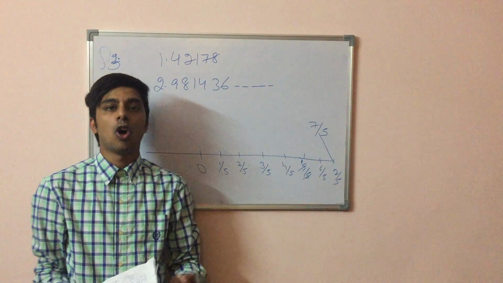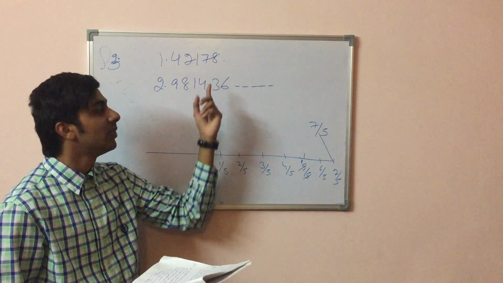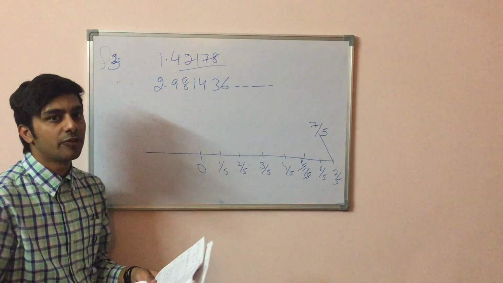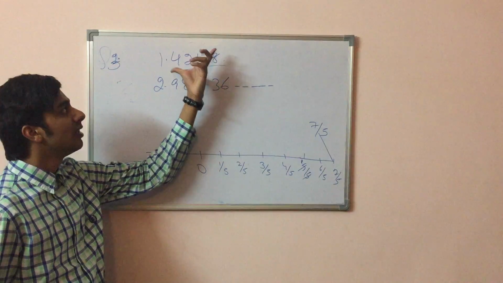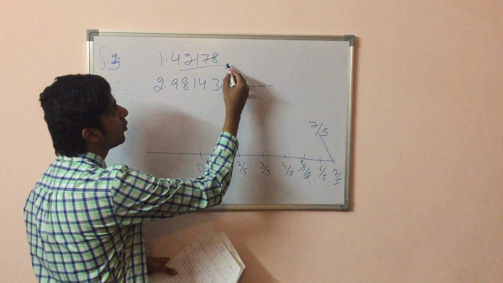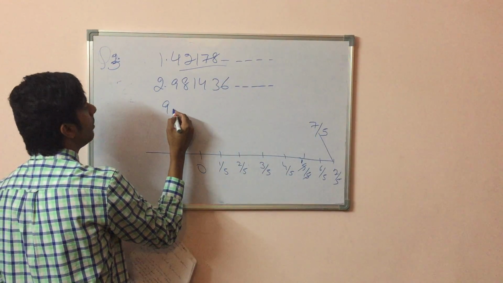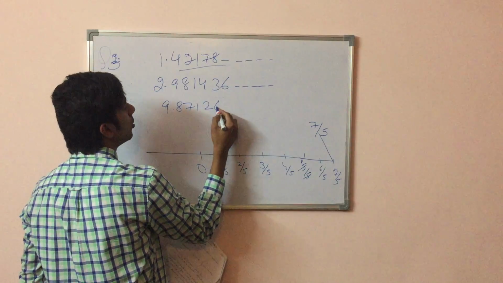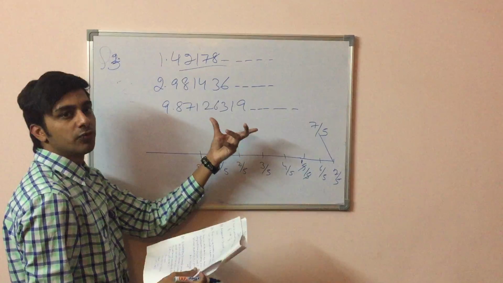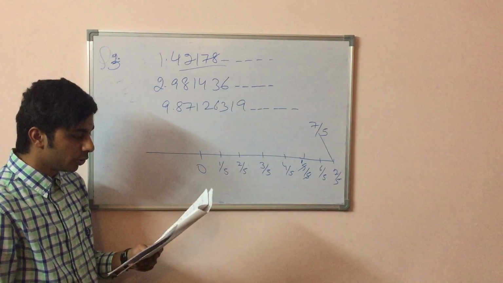Because the definition of rational number says that a rational number is either terminating or non-terminating but repeating. So it is a terminating rational number which has an end. So you have to put the dots like this. You can give any example, say 9.87126319..., but it should not repeat after a specific number. It should not repeat, right? So this was our third question.